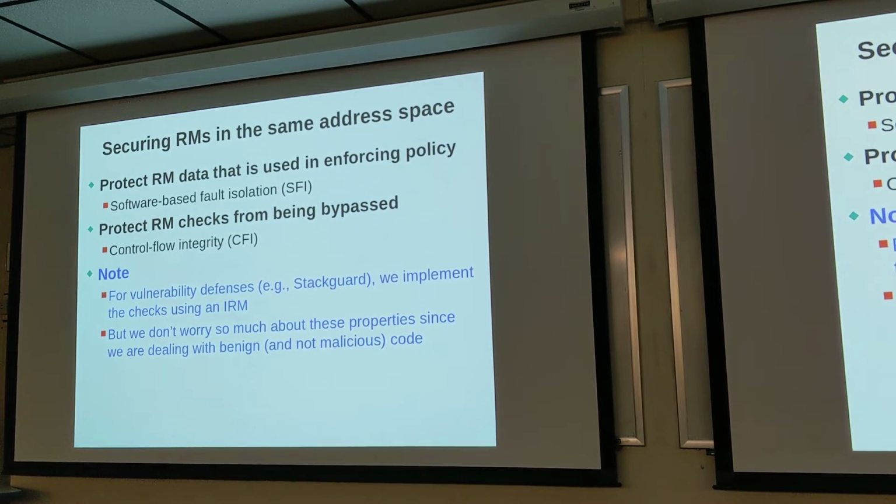Okay, so as a result, a lot of what I'm talking about is related, but the issues are not as serious when you think about vulnerability mitigation. So another way of saying it is that pretty much all of the vulnerability mitigation techniques use inline reference monitoring, but they are not secure in the sense that we are going to talk about, because the threat model is that of a weak attacker.